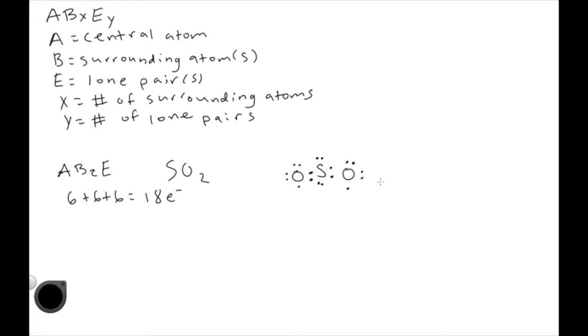Right, we take our sulfur atom in the middle, we take one of our lone oxygen atoms, and then we form a double bond with the sulfur. Right, so we have something like this. And then for the other oxygen, we take one of the sulfur electrons, and then we complete the other oxygen's octet.